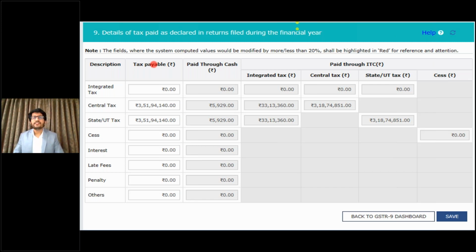There have been many cases wherein there are few adjustments because of which auto-populated table 4 changes. As per my auto-populated table 4, my liability was say 5 crores. But as per my audited books, it was 5.2 crores. I modify table 4, but I forget to modify table 9 and the tax payable amount remains the same in table 9.